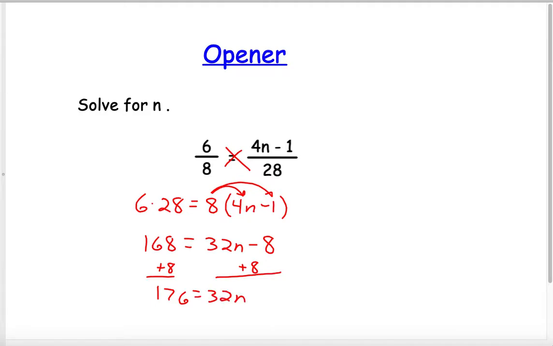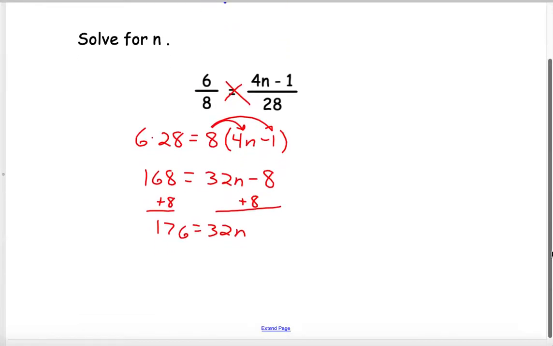And then we divide by 32. And we get n equals, and either we can get a calculator or maybe it won't work out to be a nice number. So we're going to have to, let's see, 5 is 160. So it's not going to be a nice number.